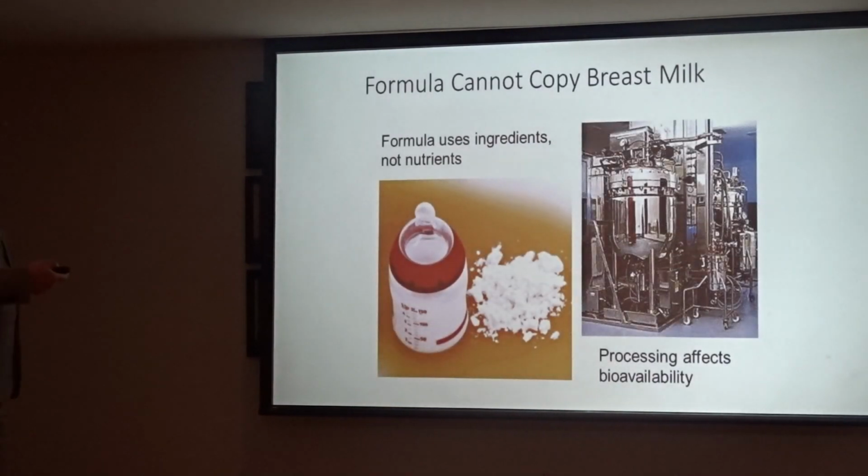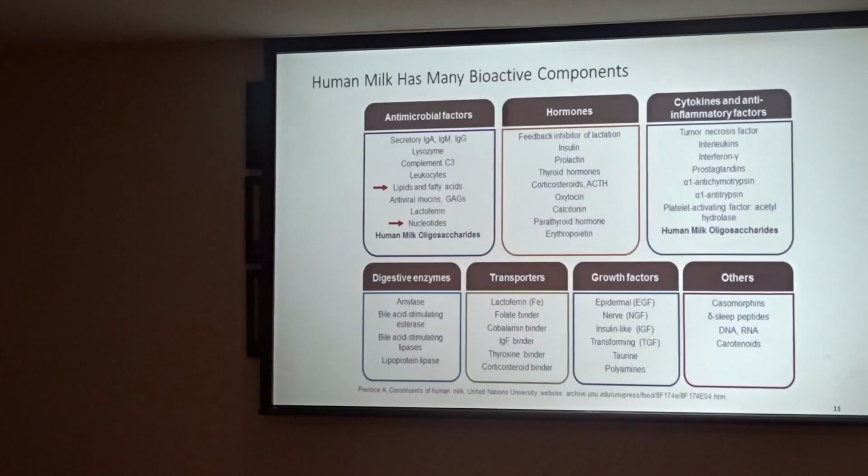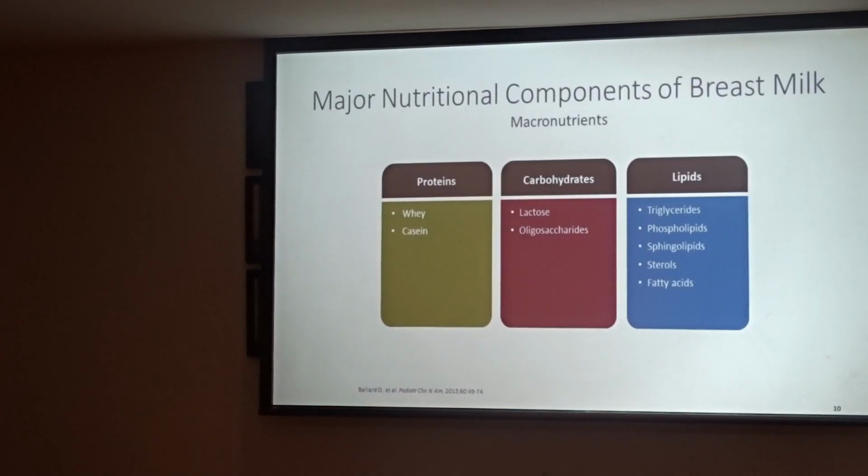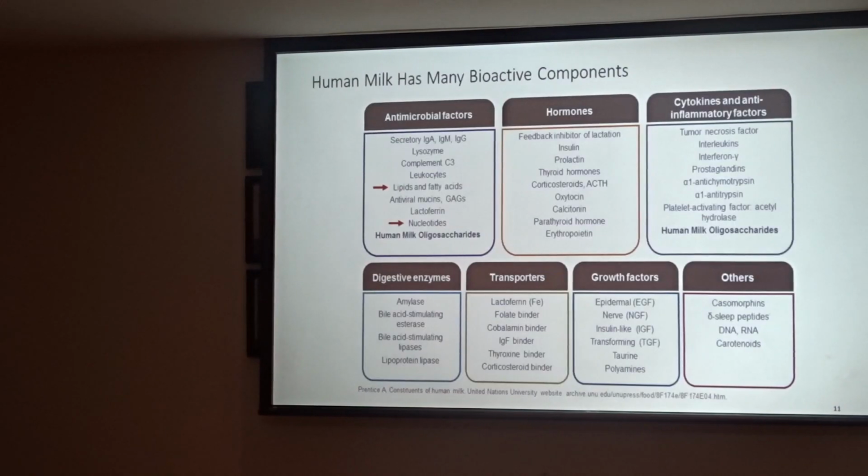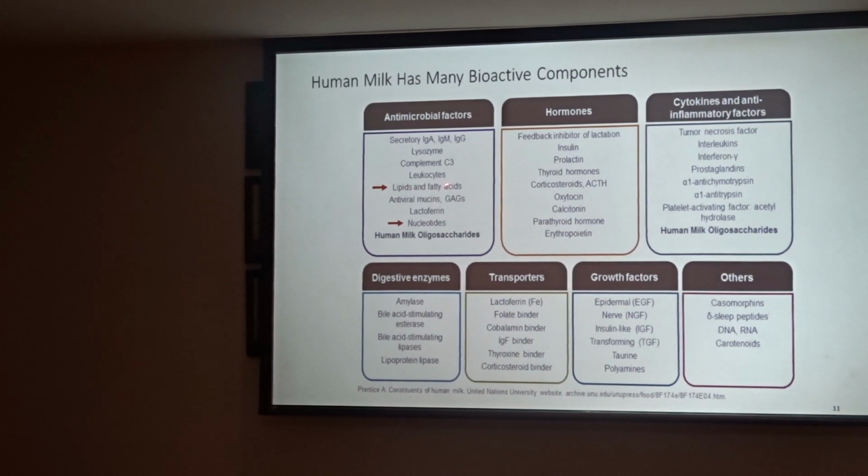Anyhow, whatever we are doing or trying to do, we cannot copy human milk. Maybe the macrostructure of the milk could be copied, but the micronutrients are very difficult to produce. Maybe nucleotides are added, and lipids and fatty acids like DHA and arachidonic acid, but it's very hard to copy all these micronutrients and all the benefits present in breast milk.